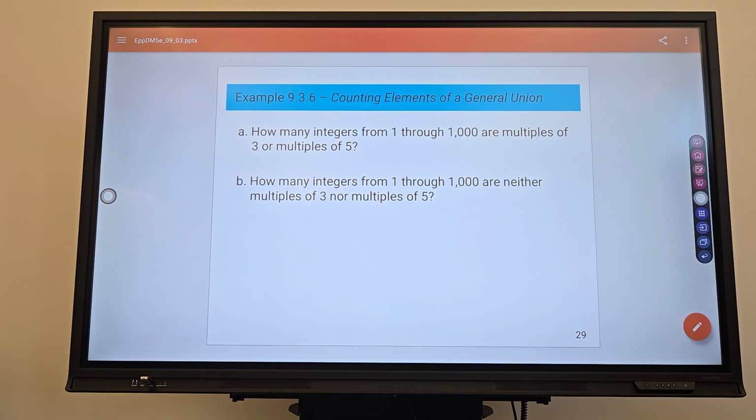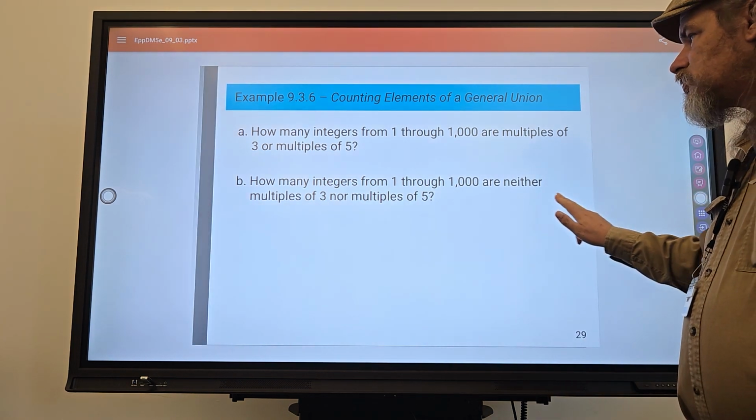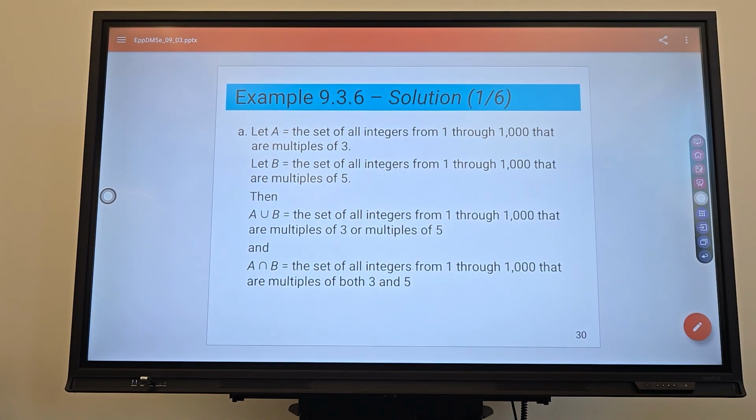So, how many integers from 1 to 1,000 are multiples of 3 or multiples of 5? Let A be the set of all integers from 1 through 1,000 that are multiples of 3. Let B equal the set of all integers from 1 through 1,000 that are multiples of 5.